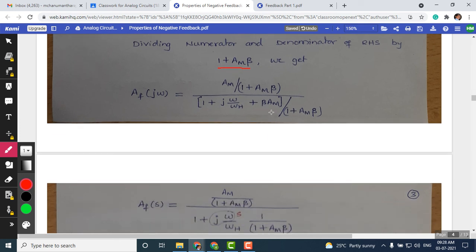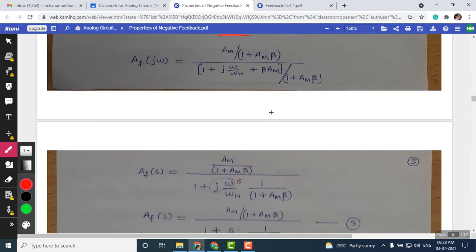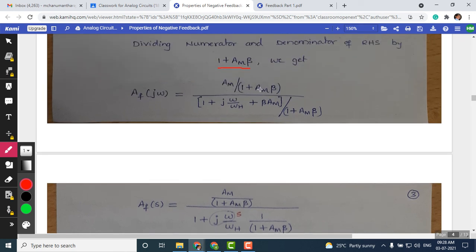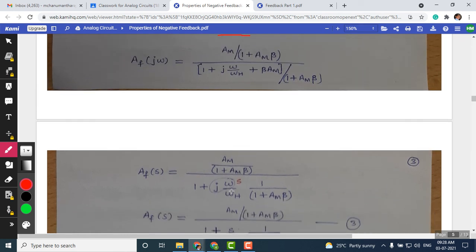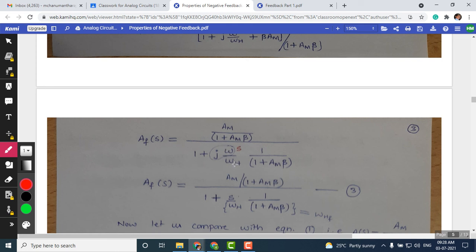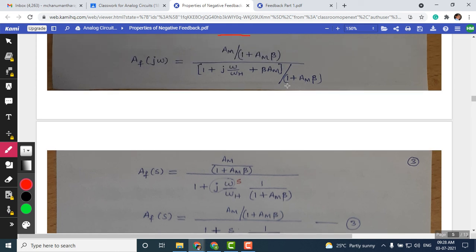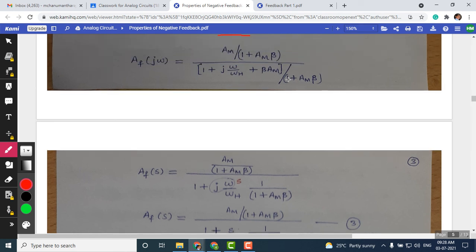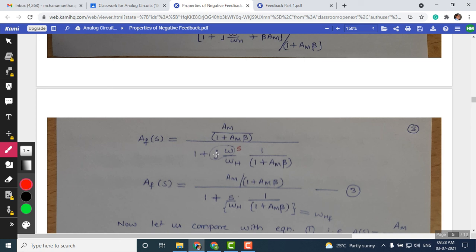Further, you can bring back the s wherever there is a j omega. In the numerator we have retained the same term. In our denominator we have written s by omega h; you can take out the common factor s by omega h, and what you get is 1 plus as it is.